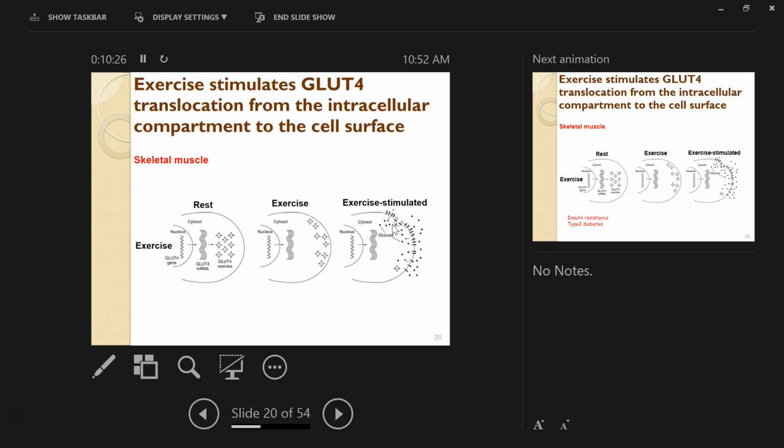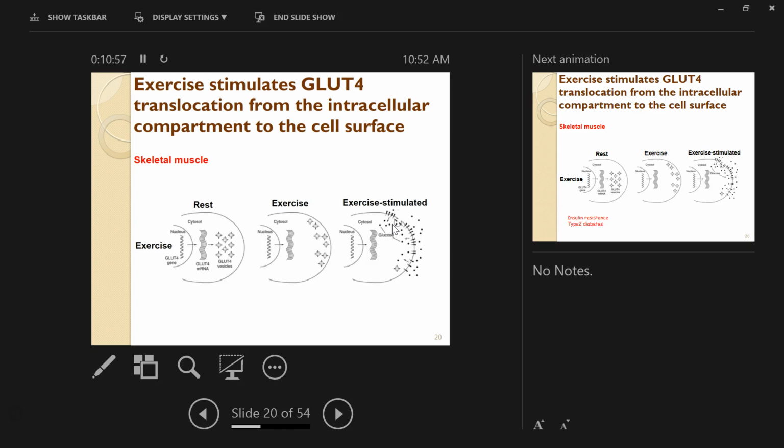And in addition to insulin, exercise also plays a very important role in regulating translocation of GLUT4 from inside of the cell to the cell surface in the skeletal muscle. So under different physiological conditions, in the fed condition, insulin plays a major role. It regulates GLUT4 translocation to the cell surface in both muscle and adipose tissue.